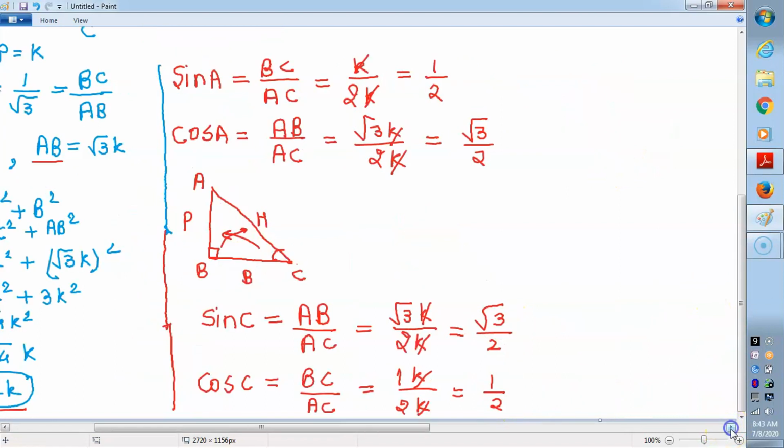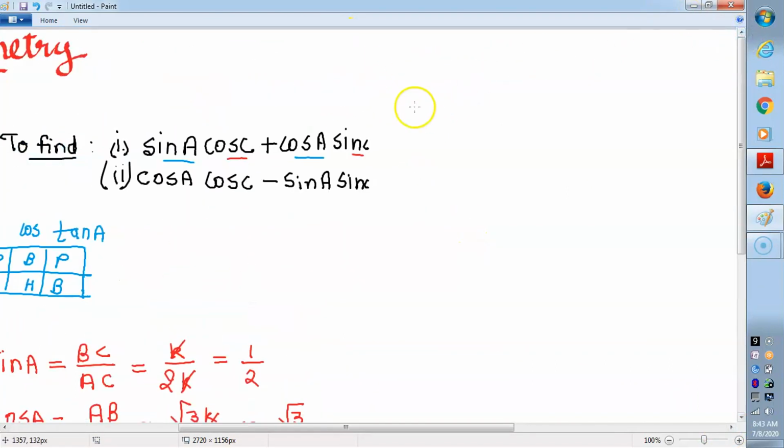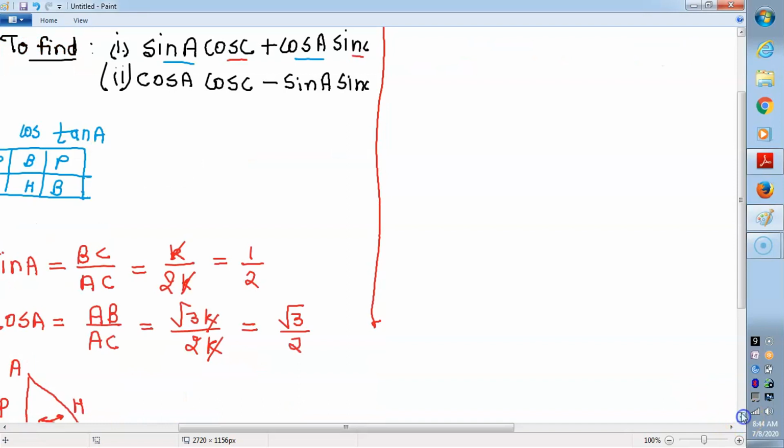Now we can prove the relations or find the values of the given relations very easily. Let's solve it. First we have to find what? Sin A into cos C plus cos A into sin C. Let's put the values.